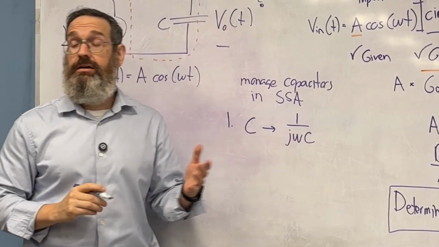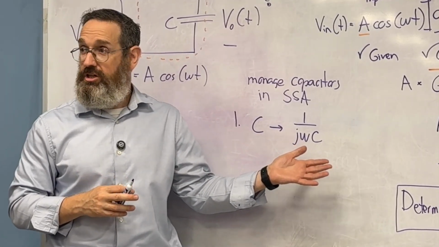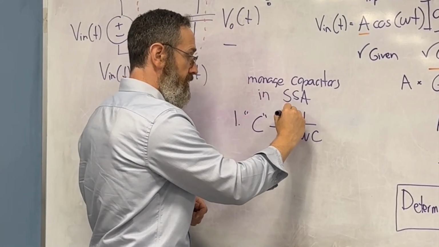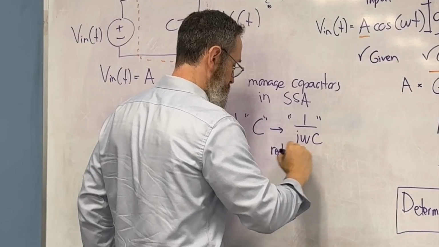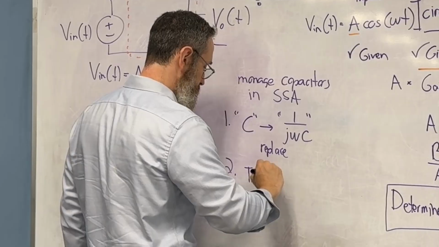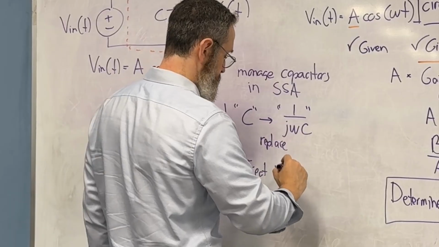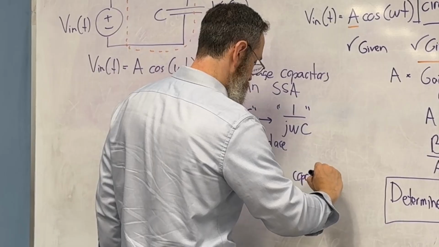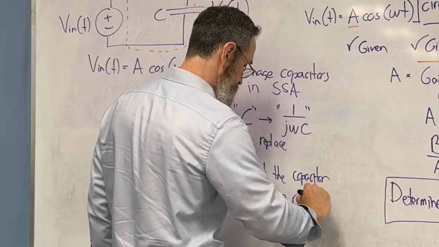And I mean this literally. I don't mean you to do some sort of mathematical conversion here. I literally just want you to, wherever you see this, write this. So this means replace. Step 2, treat the capacitor like a resistor.